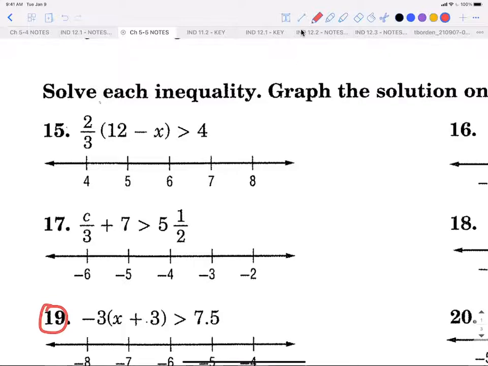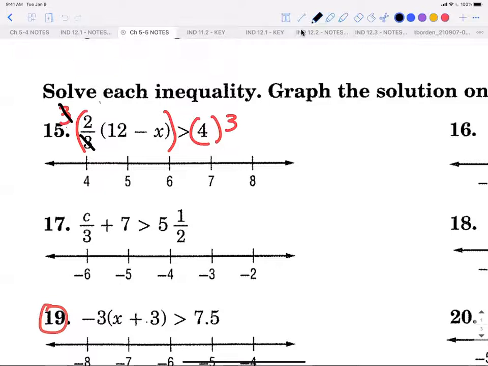Because 2/3 times that whole parentheses area, remember if they're multiplied, they're married, they're one. So if I multiply this whole side by a 3 and this side by a 3, this 3 and this 3 cancel out. And the reason I'm doing this is because you have one almost just like this on your homework.